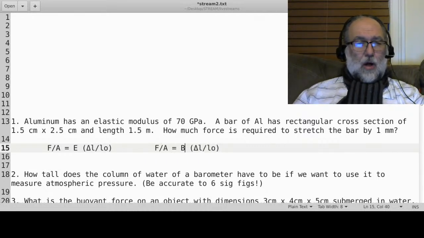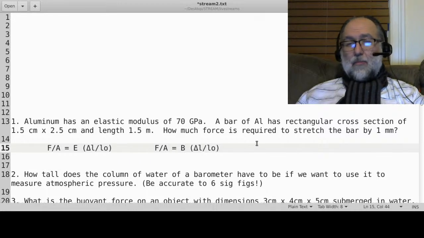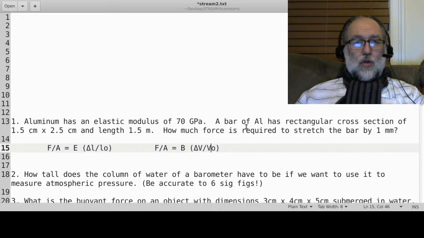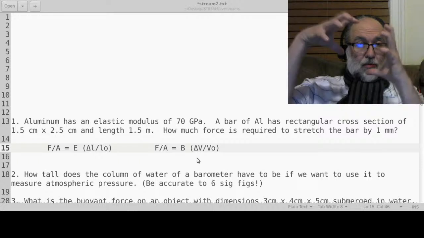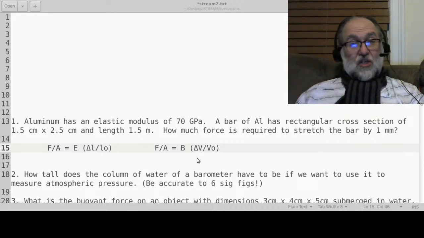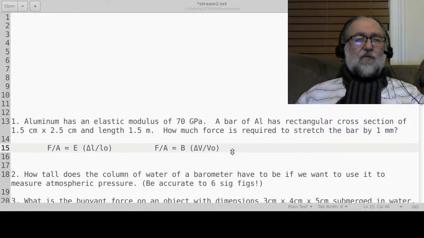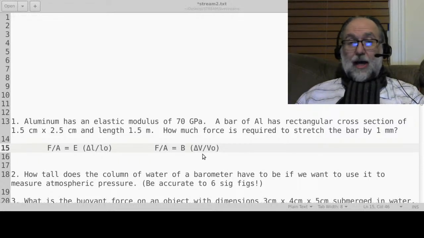It would be B for the bulk modulus, and in the case of the bulk modulus, it's actually the volumes that are changing. Notice that the bulk modulus is a little different because the pressure comes in on all sides, so it's the volume that changes. Very similar formulas, but for the bulk modulus it's volumes and not lengths.